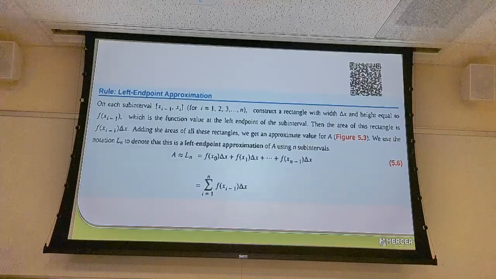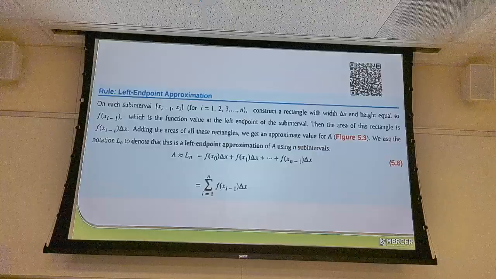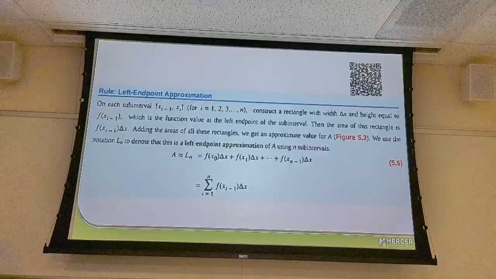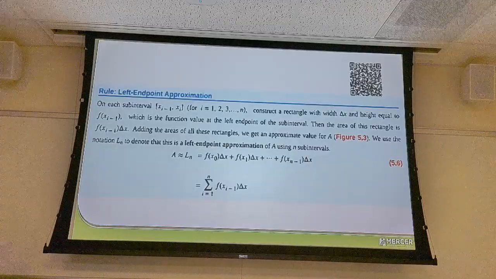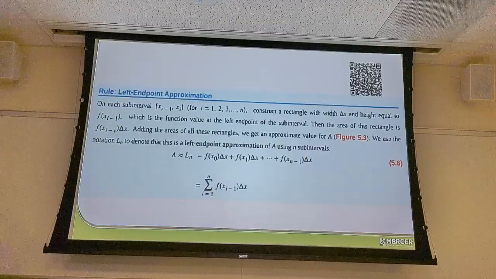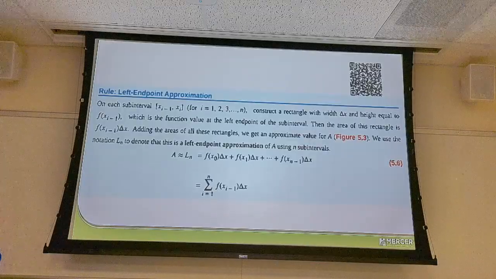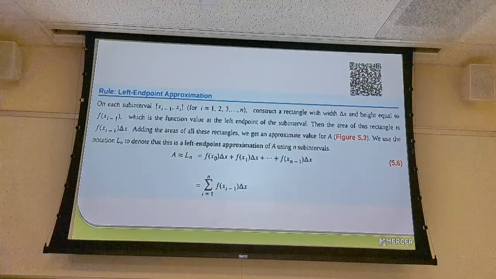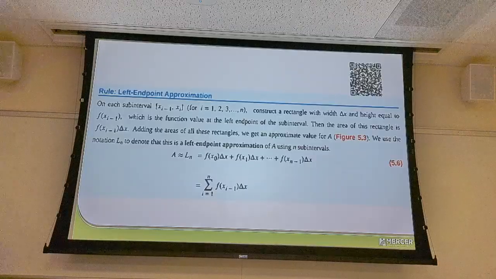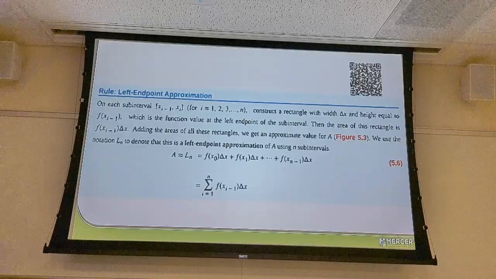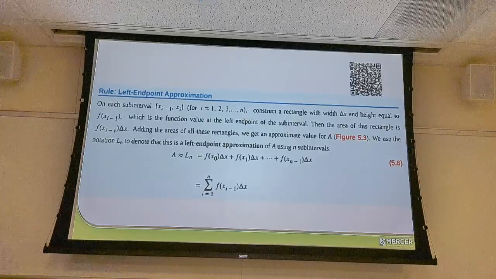What we do is first form a regular partition, where each subinterval has length delta x, which is b minus a over n. Okay, so the length of the interval divided by the number of subintervals you want. Of course, I don't have that delta x.